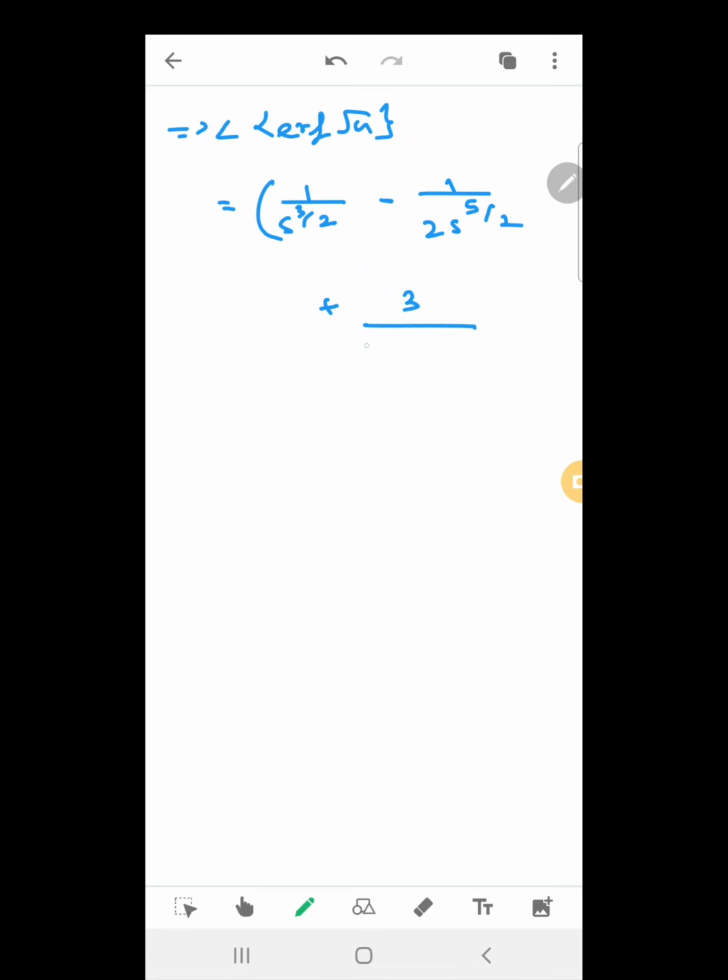Okay, so here you had a 2 below and you had 8 above, right? So the 8 got eventually cancelled, I guess. 8 got cancelled to 4. Okay, so here you will basically have an 8 here. So this becomes basically 8s to the power 7 over 2 and so on.